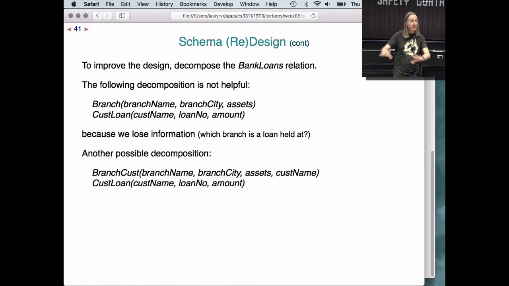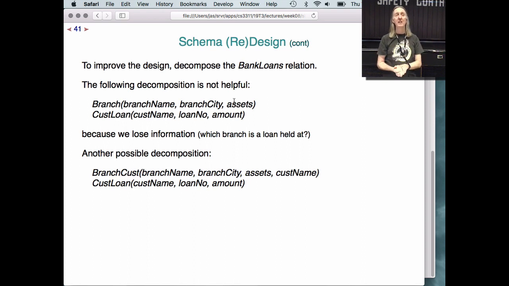Alright, so let's have a look at a possibility. The first one is what I said was no good earlier. So this is like typing A, B, C, D, E, F. If you do that, you've effectively lost some information. So this takes the branch name, branch city and assets, all the branch information, in one table.